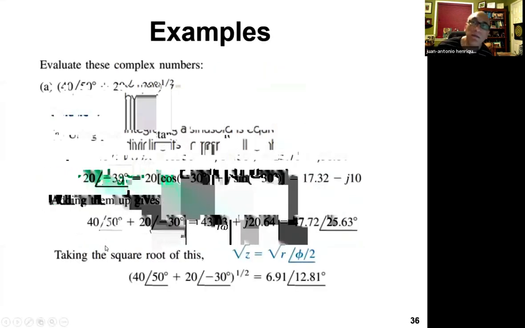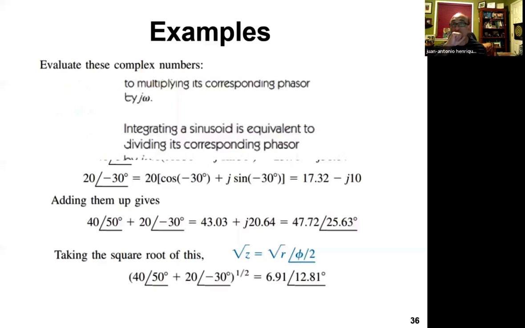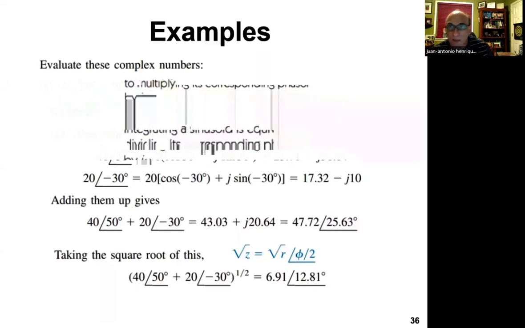So let's look at some ways we can evaluate complex numbers. Let's look at an example here. We have 40 at an angle of 50 plus 20 at an angle of minus 30, and we're raising that to the 1/2, or in other words, we're taking the square root of that quantity, right? So one way we can do this is by first using a polar to rectangular transformation.